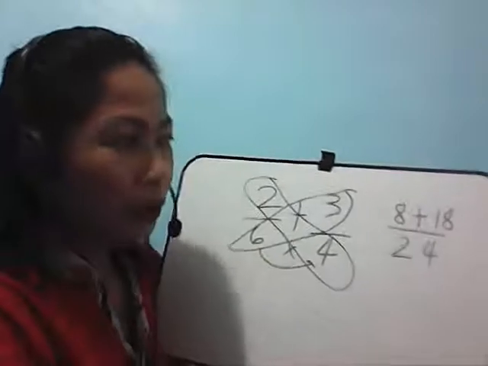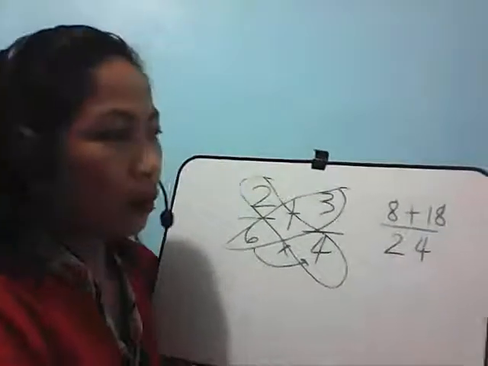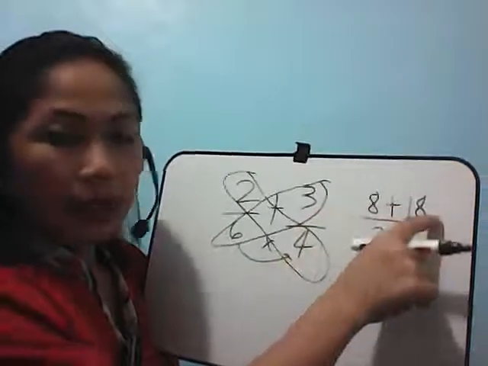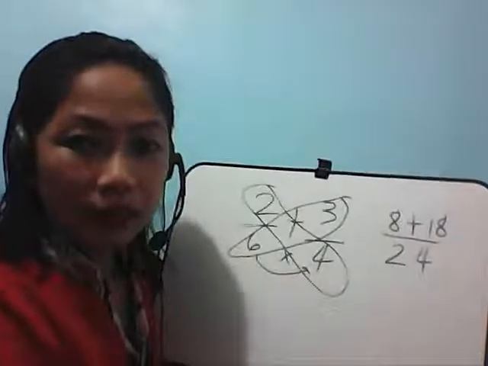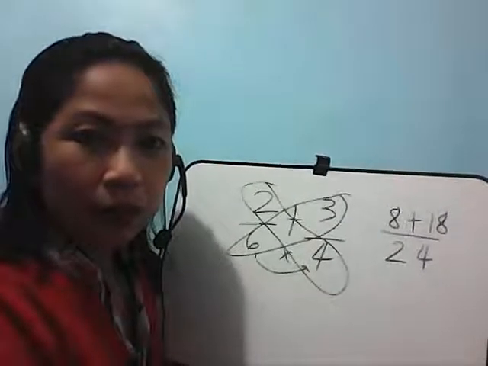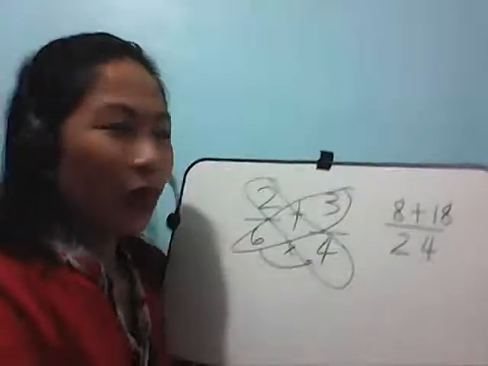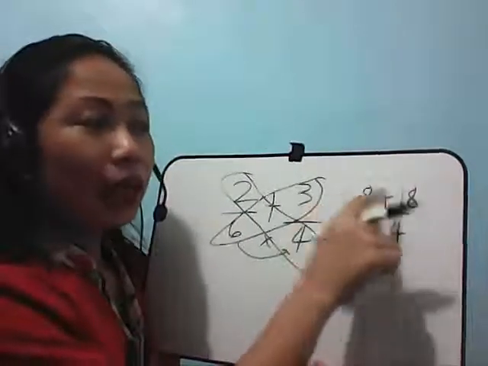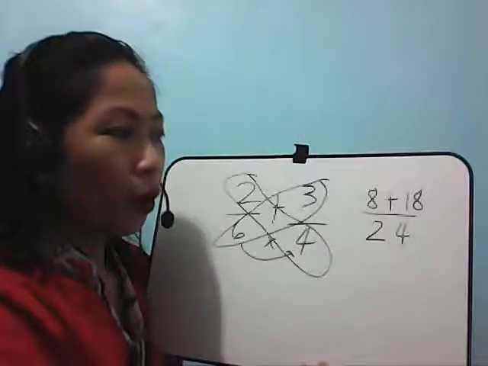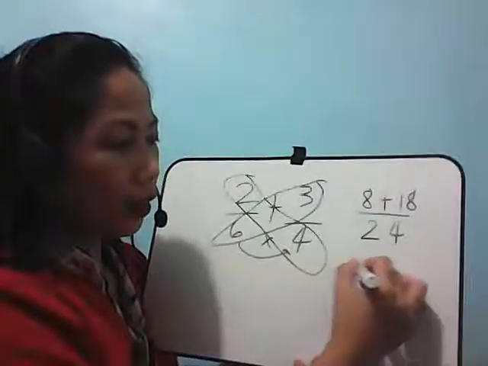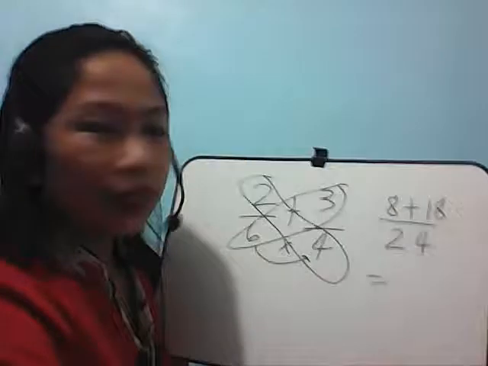Wrong, it's okay, one more time. Again, 8 plus 18. Add them. What is the answer?